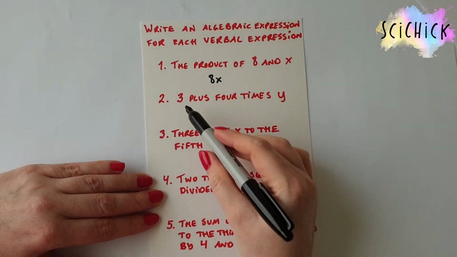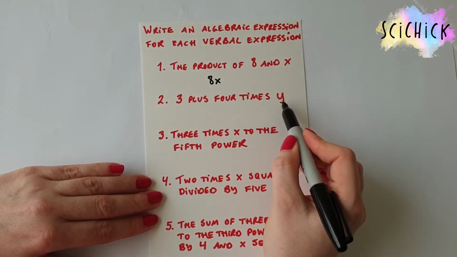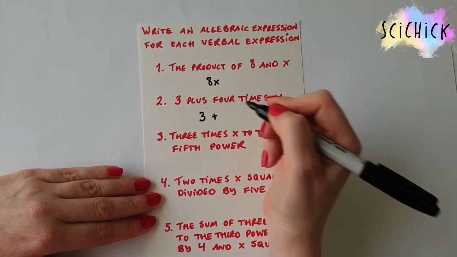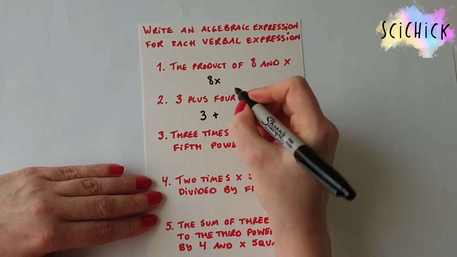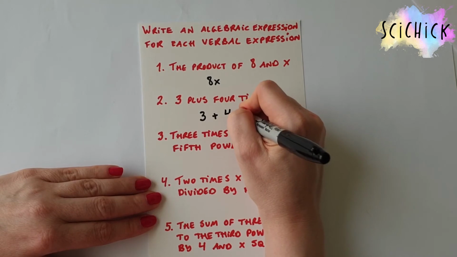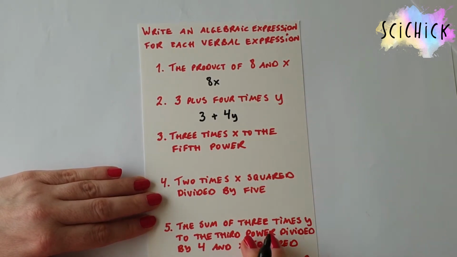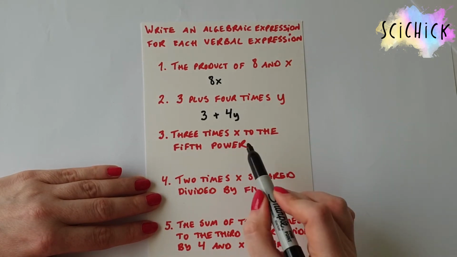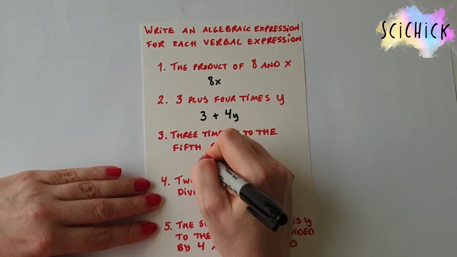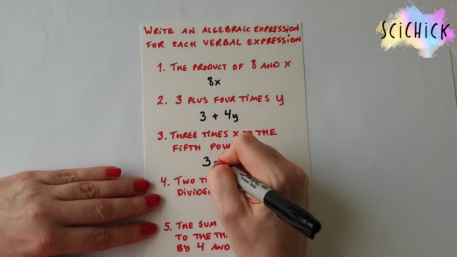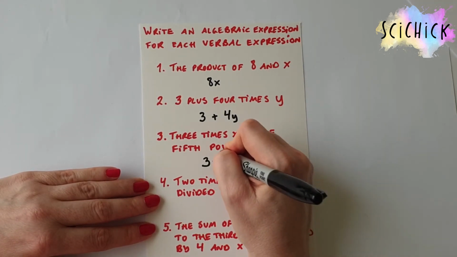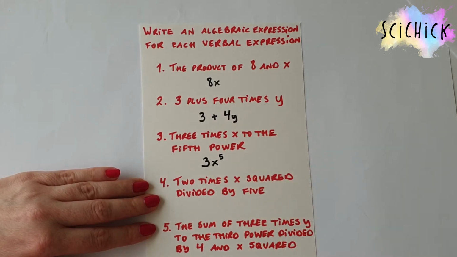Okay, 3 plus 4 times y. 3 plus 4 times y. 4 and y, okay, yeah? 3 times x to the 5th power. So we have 3 times, and we have x, and x is raised to the 5th power, so it's going to be x to the 5th power.